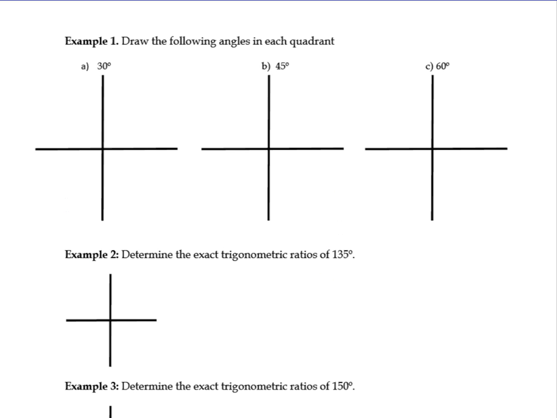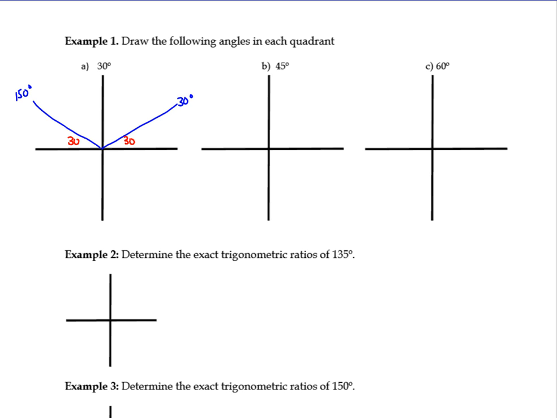Okay, so let's get going. What are the 4 angles that have a reference angle of 30? So the first one would be 30. The next one would be 150, 180 minus 30.